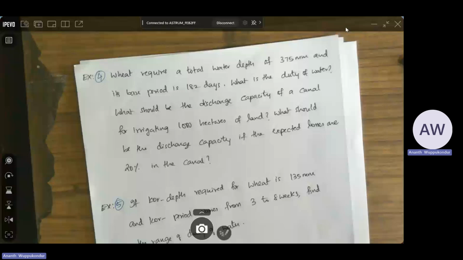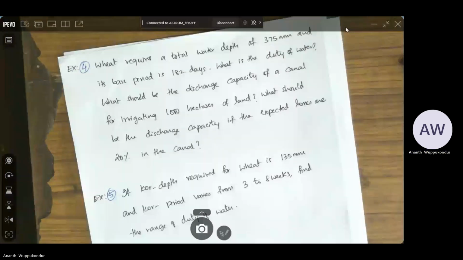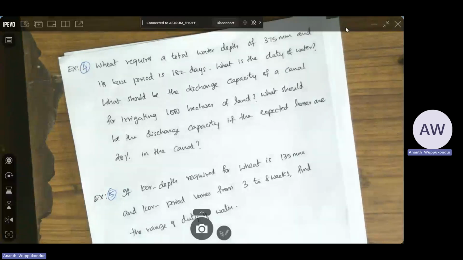Which other team? So who else has done what is the duty?